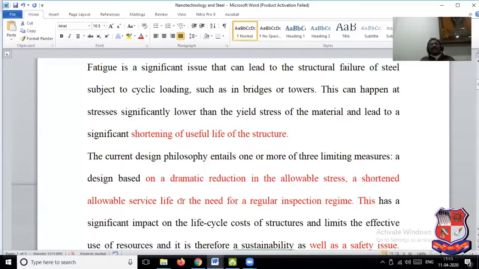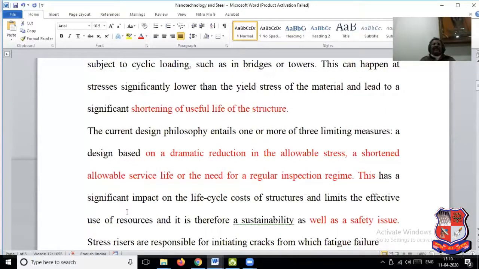And second, shorten the allowed service life, meaning the need for regular inspection. Whenever you have regular inspection, if you have any small problem, then solve it. By that way you can enhance the lifespan of the structure. But this has a significant impact on the life cycle cost of the structure and limits the effective use of resources.